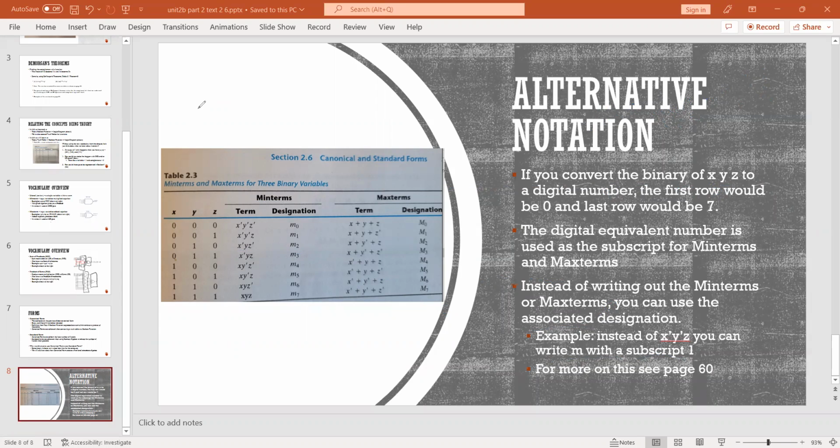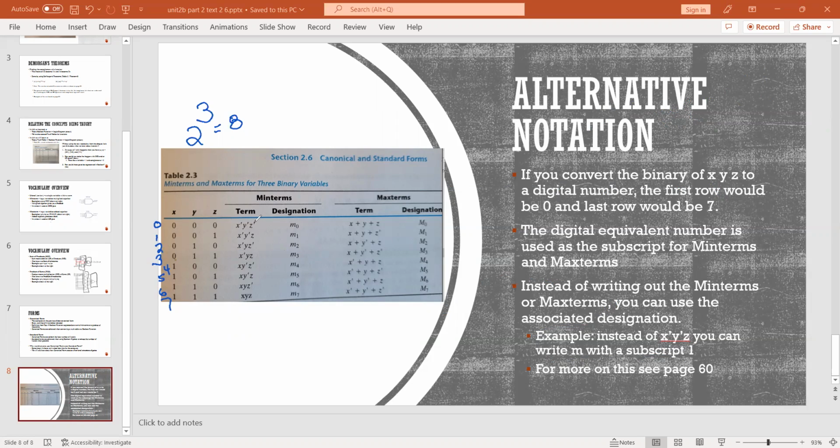If you say 2 to the third, 2 to the n, that means you have 8 possible combinations of those terms. And when you think about it, let's reduce this to a digital number. You got 0, 0, 0. Well, that's 0, right? And the next one, 1, 2, 3, 4, 5, 6, and 7.